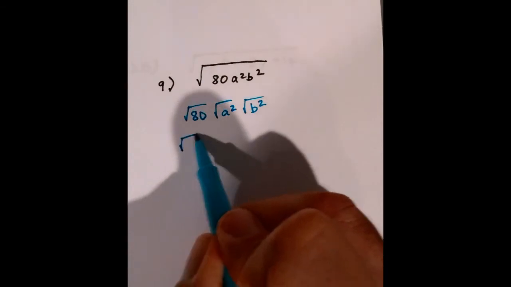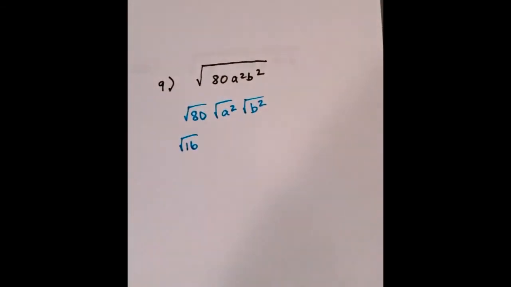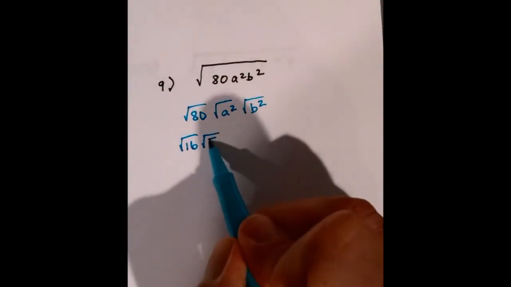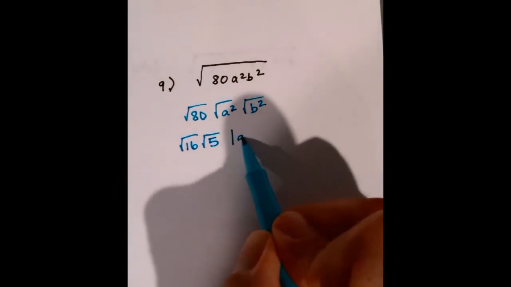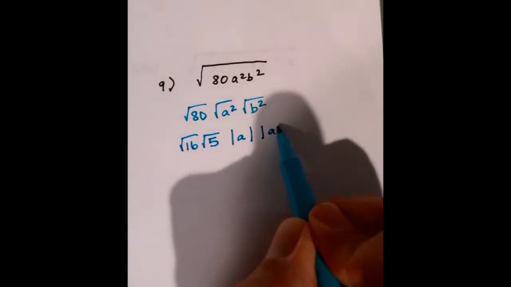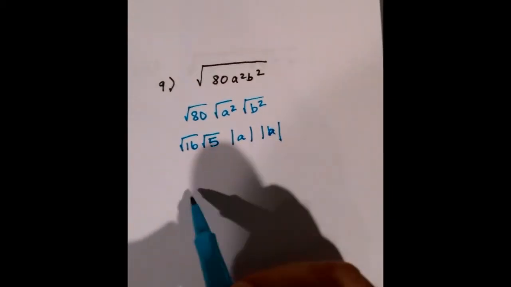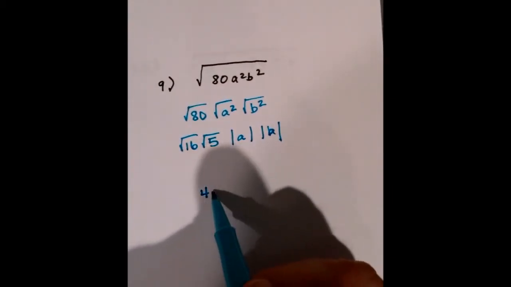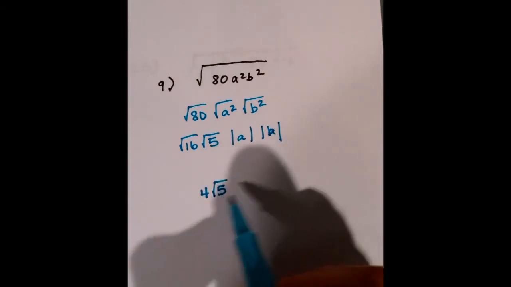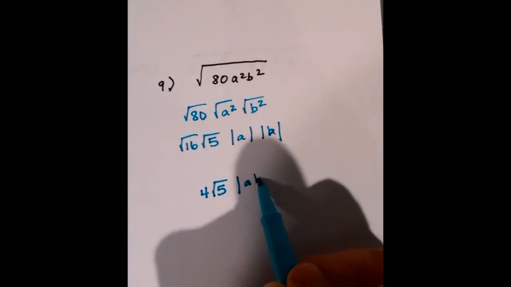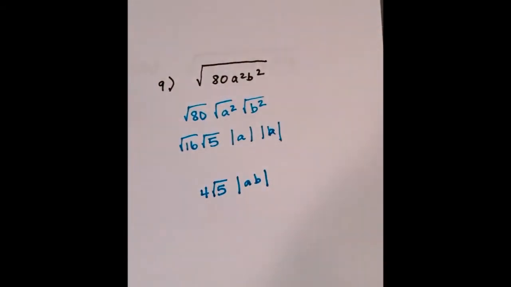So that would be root 16 root 5 absolute value of a, absolute value of b. The square root of 16 is 4, so you might want to say 4 root 5 absolute value of AB. That'd be one way to write your answer.